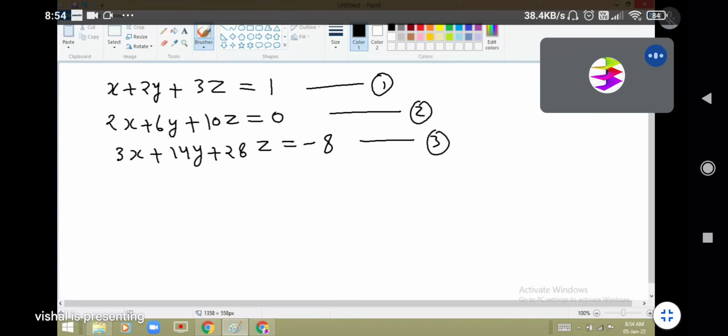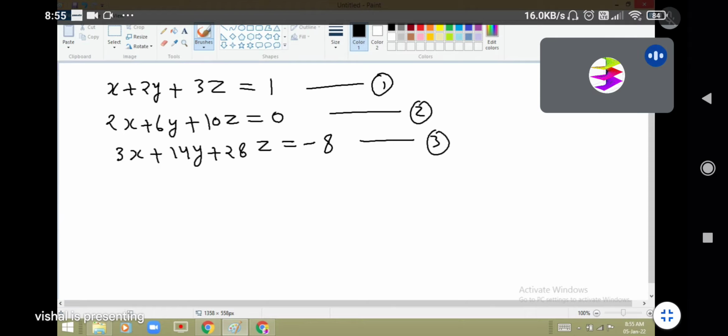Then we will put this value in equation number 3. Then equation number 3 becomes an equation which has only one variable z. And by solving this equation we will find out the value of z, and then by back substitution we will find out the value of y and x. Thus we will get the values of x, y and z.